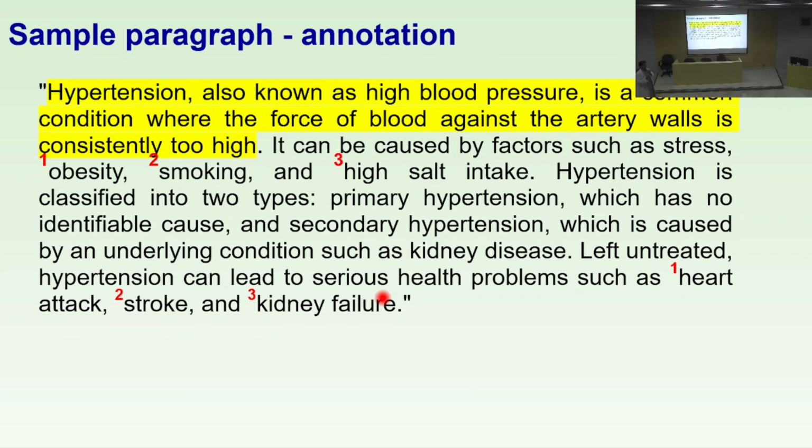In OSCE, professional skills, when you see a patient, we will ask you, can you name two complications of this disease? Can you name two causes for this disease? Can you give two medicines for this disease? So we have to know at least two or three common side effects and common complications. So it's better you list them properly.